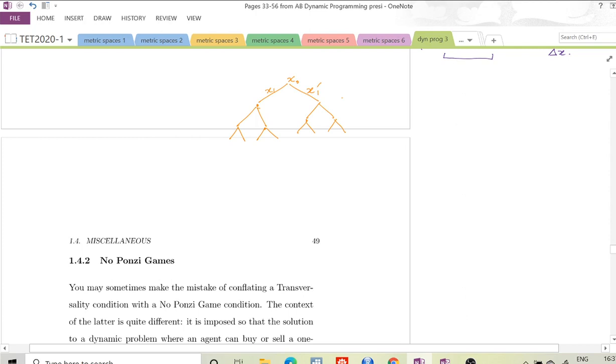Let's say it's period 0, you're sitting at x naught and thinking of whether to choose x1 or x1 prime, right? Suppose you've already thought of how to make the future choices from there, how to make them well, and let me call those choices of future states using these arrows here, okay?